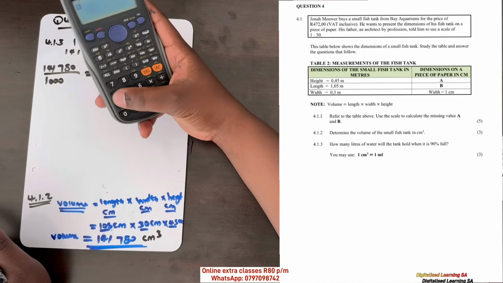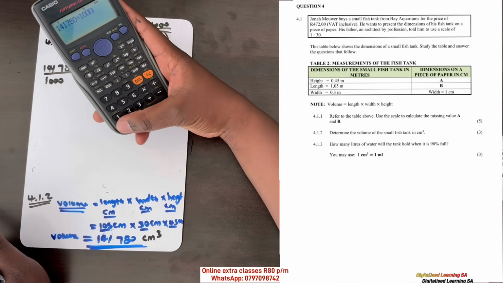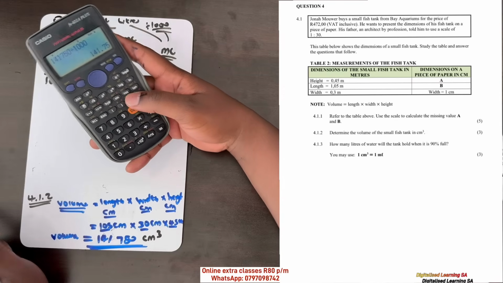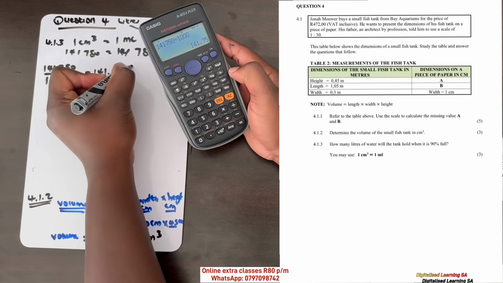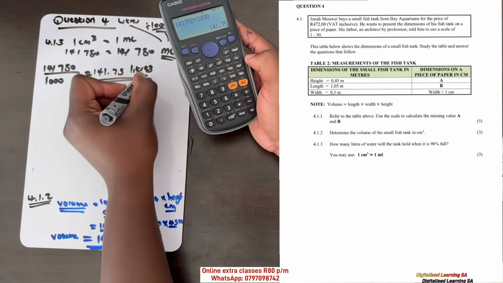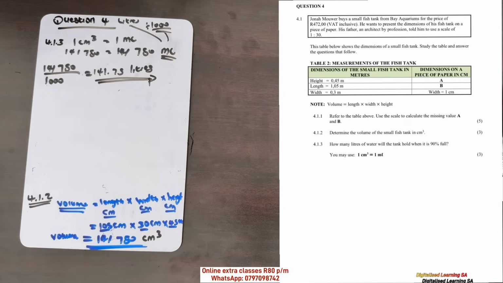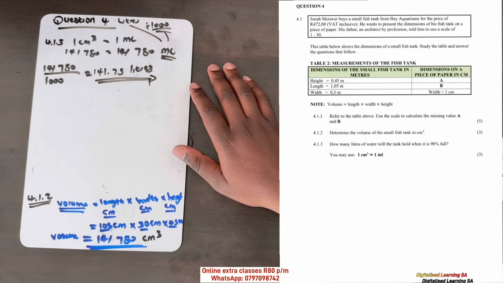So it will be 141,750 divided by 1000, and the answer will be 141.75 liters. Okay, so remember the question is asking how many liters of water the tank will hold when it is 90% full.